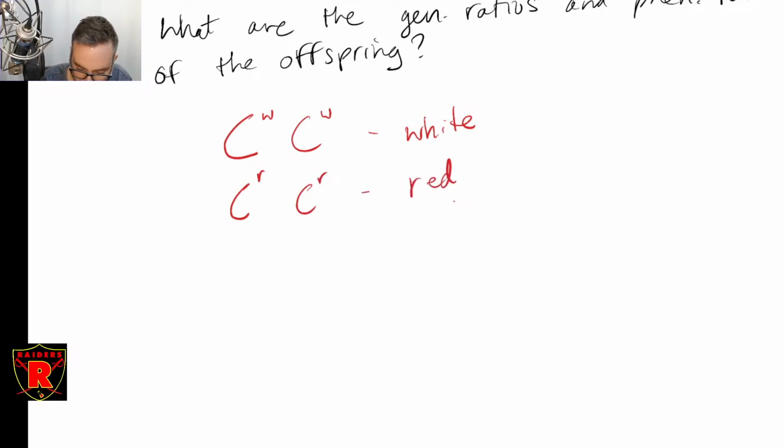Note, by the way, that these right here are small letters, which implies codominance. It doesn't do this in the textbook, which is annoying, but when you're doing your own notation, you should probably follow along here that this implies codominance.